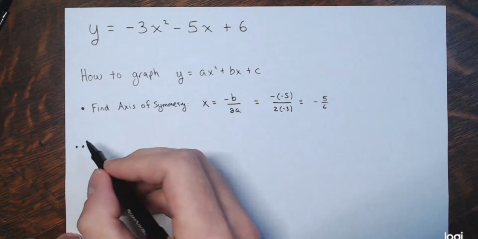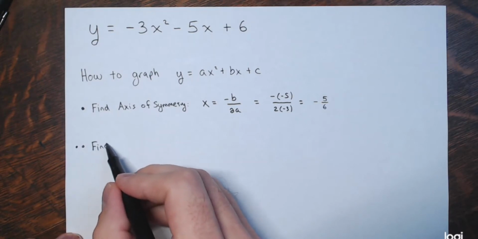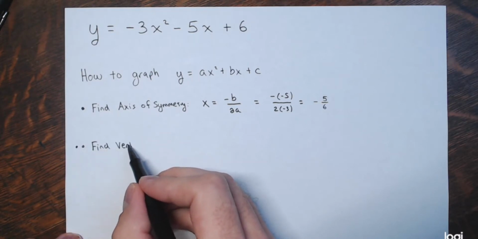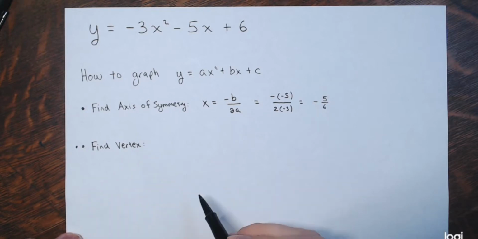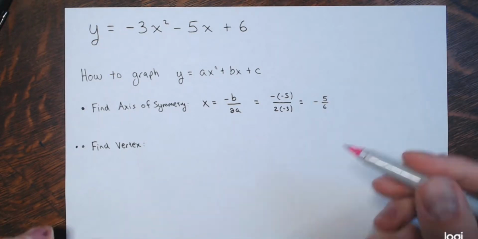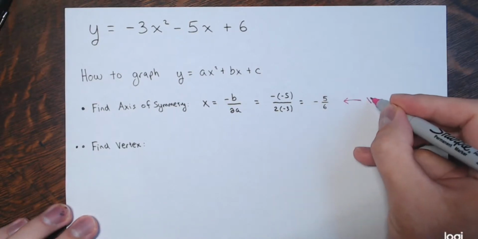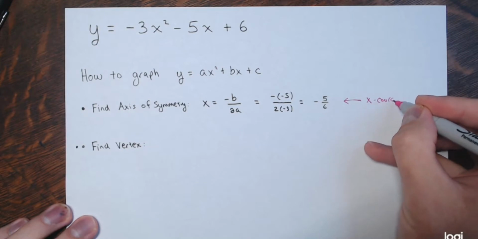Then I find the vertex. So we have the x-coordinate. Remember, this axis of symmetry also gives us the x-coordinate of the vertex.